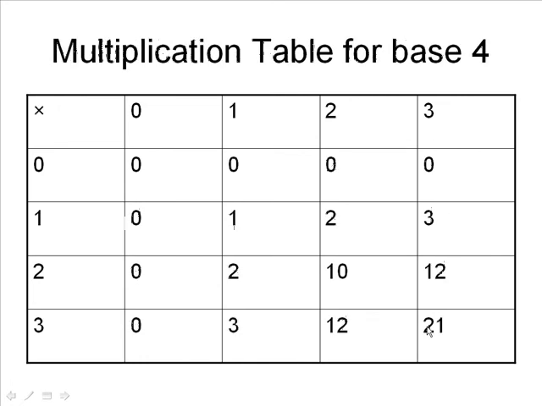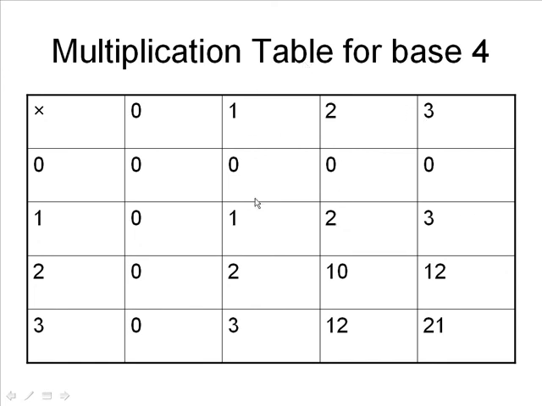And now let's look at a multiplication table for base 4. We know 0 times any number is 0, so in the first row, 0 times 0, 0 times 1, 0 times 2, 0 times 3 will always be 0. And the same for the second column. In the third row, 1 times 1 is 1, 1 times 2 is 2, and 1 times 3 is 3.